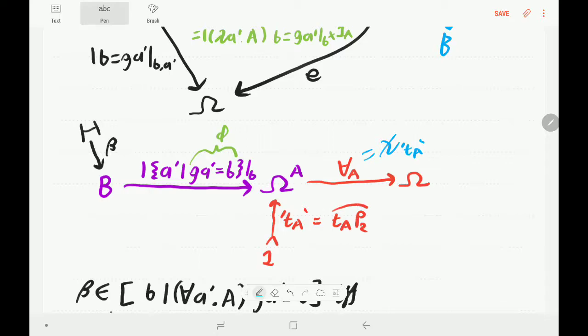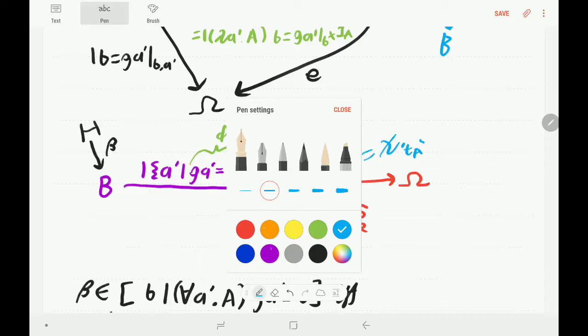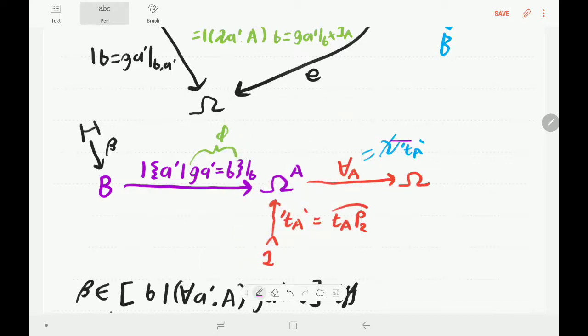Okay, and then that's a sub-object of omega to the power of A, and it has a classifying arrow which we call for all A.